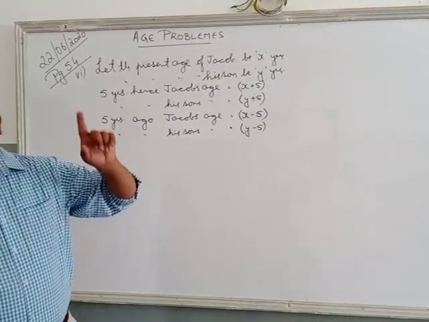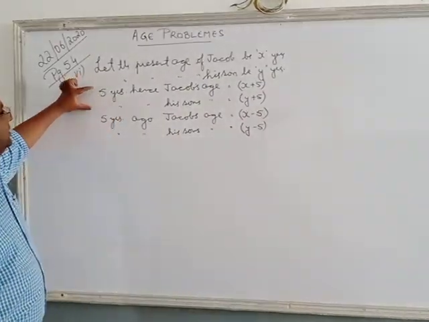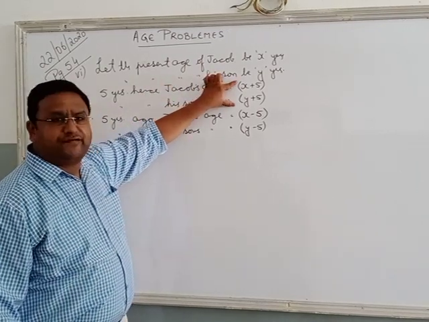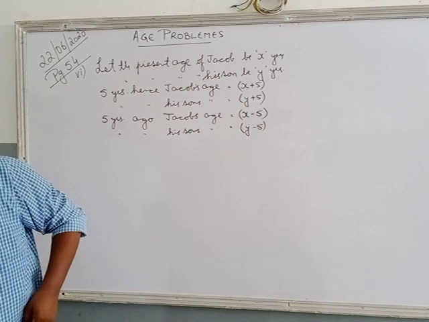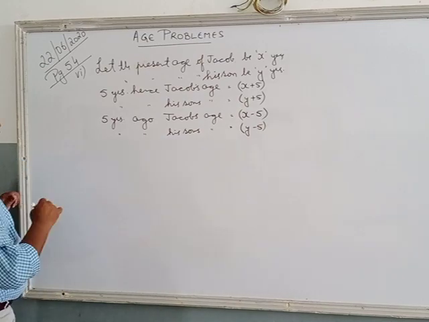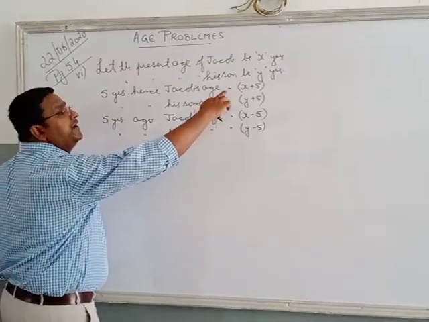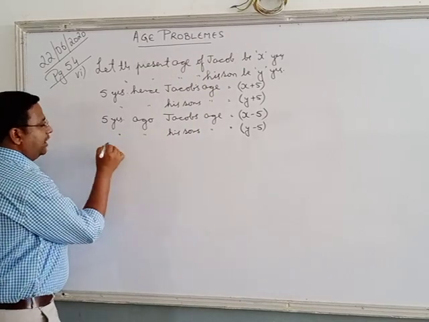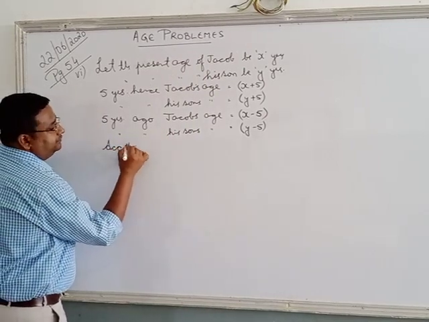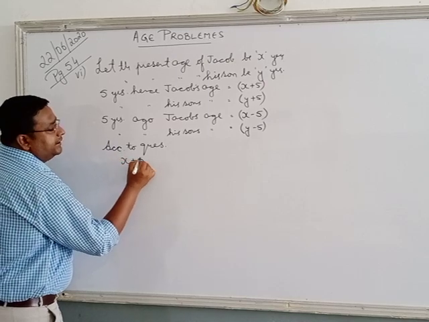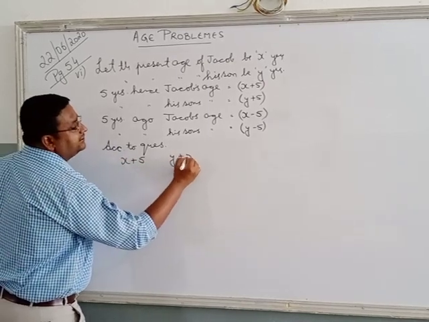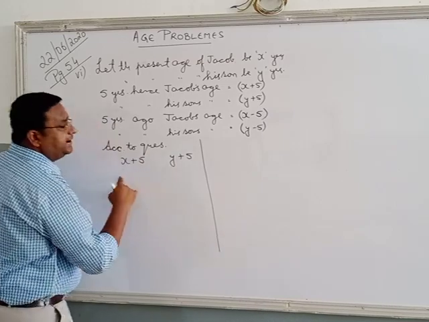5 years hence, that means these are the 2 ages of Jacob and his son 5 years hence. What does he say? 5 years hence, Jacob will be 3 times that of his son. According to the question, 5 years hence, these are the ages of Jacob and his son.